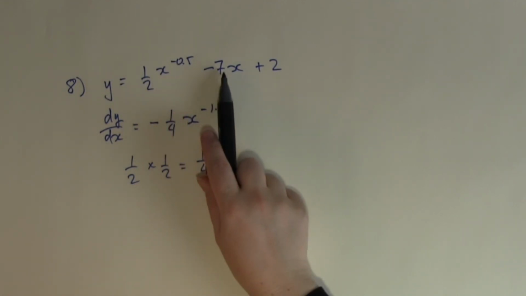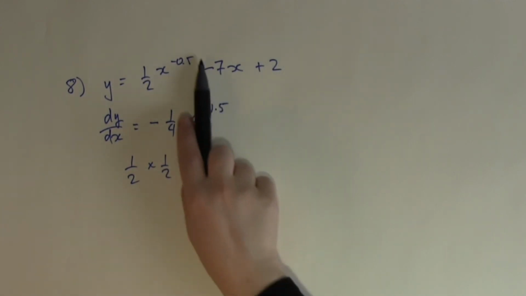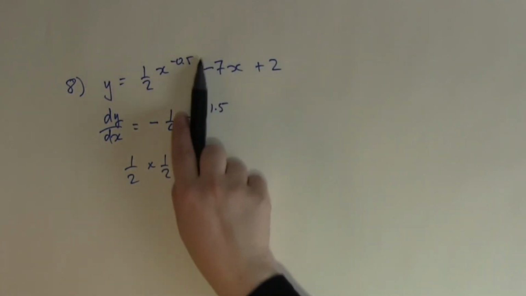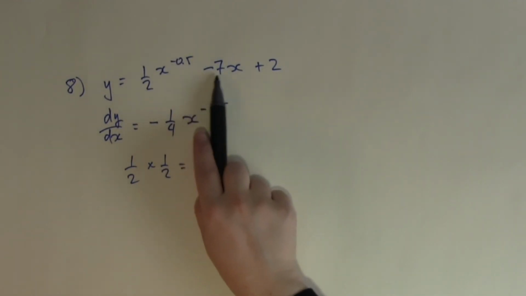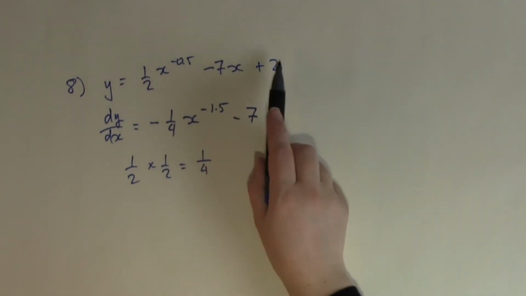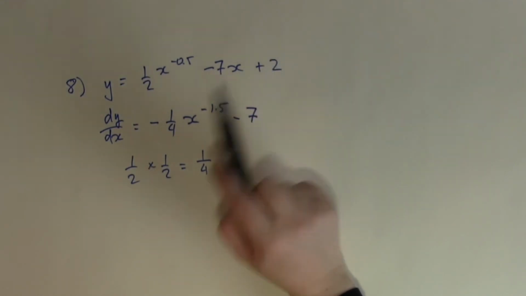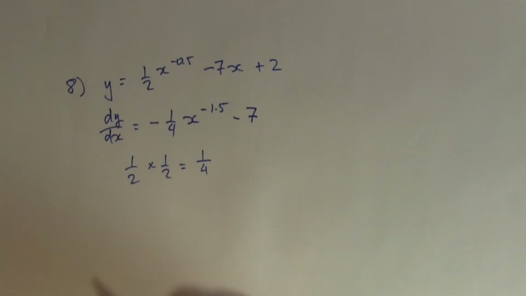Now we can look at these last two terms as separate terms, or we can remember that this is like a linear function. And remember that a linear function's derivative is always just the number in front of the x. So minus 7. And remember that the positive 2 is a constant, and a constant's derivative is always 0. So that's why we don't write that out.